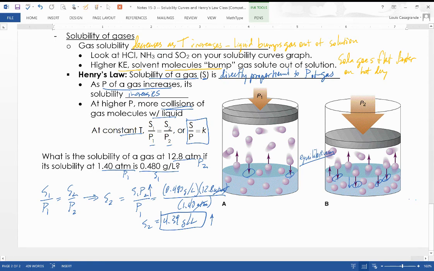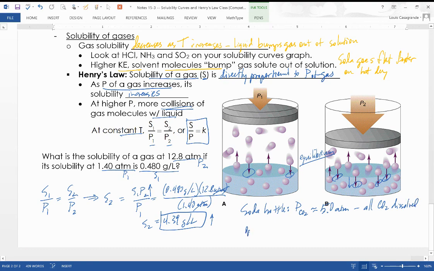The opposite happens when you open a soda bottle. For a soda bottle, the pressure of the CO2 is about 5.0 atmospheres. It's pretty high, and all the CO2 is dissolved.